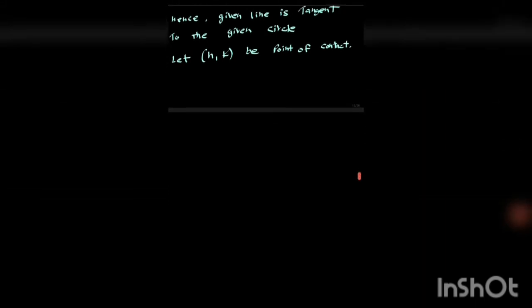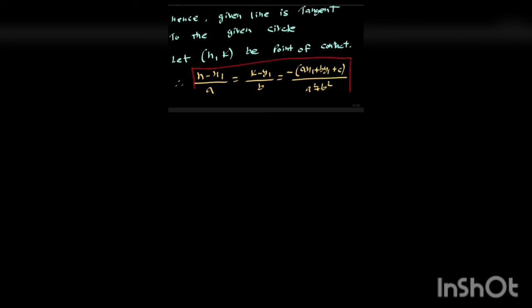Therefore the point of contact formula, that is H minus x1 by A is equal to K minus y1 by B is equal to minus of A x1 plus B y1 plus C by A square plus B square. So what is the formula? H minus x1 by A is equal to K minus y1 by B is equal to minus of A x1 plus B y1 plus C by A square plus B square.